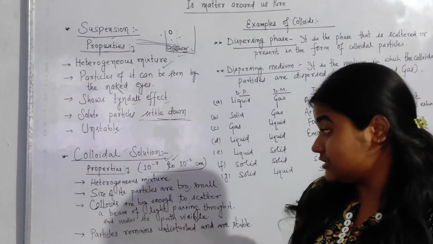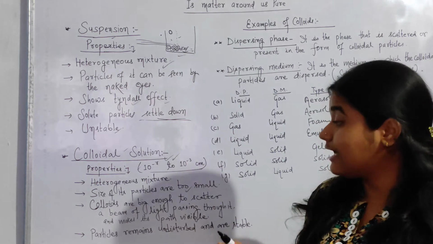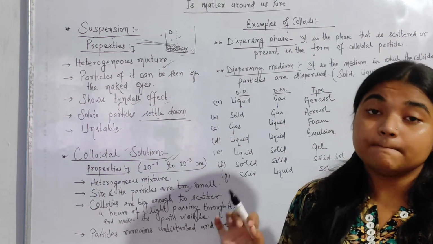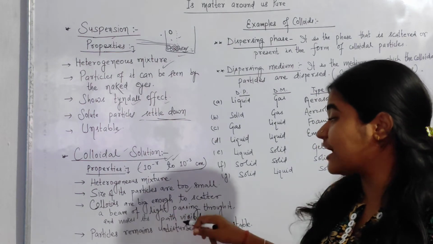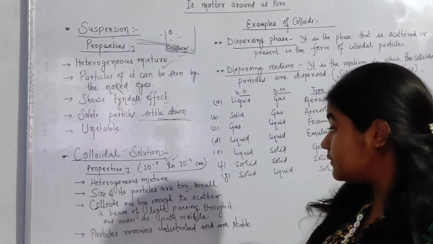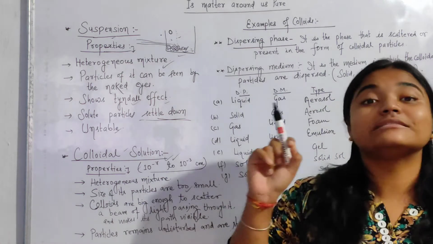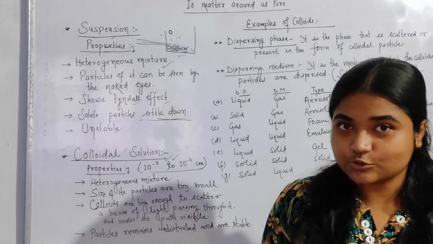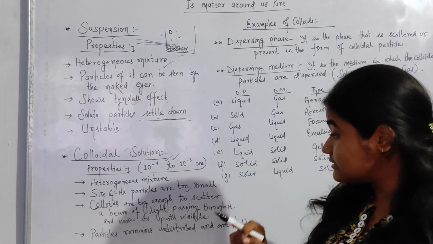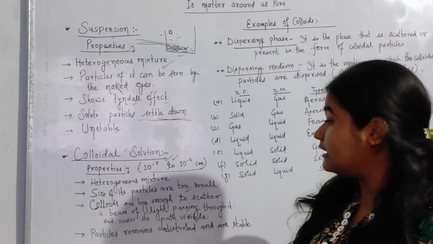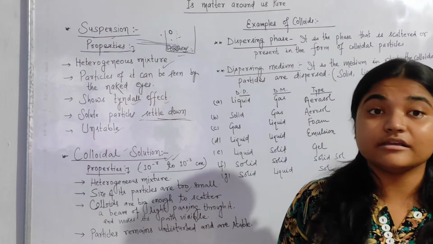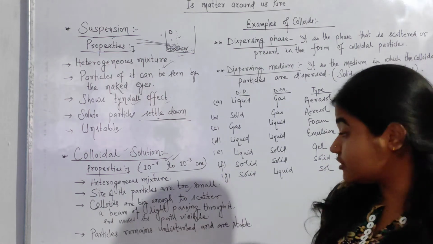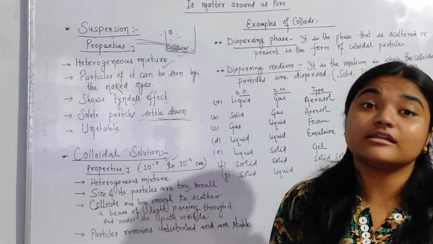But they are big enough to scatter the light, so that its path is visible. Clear? And also their particles remain undisturbed, and they are stable.